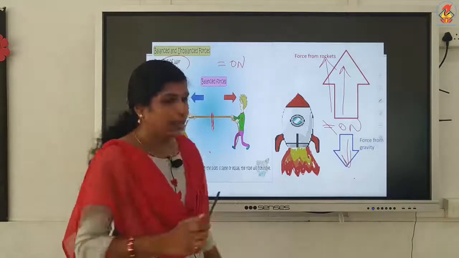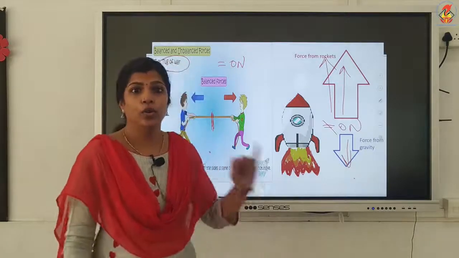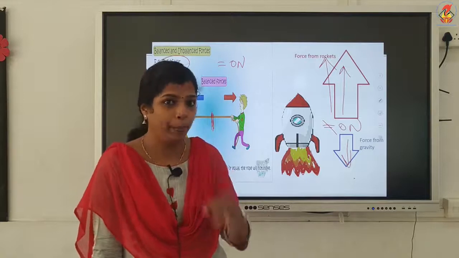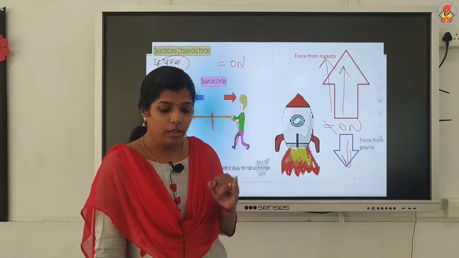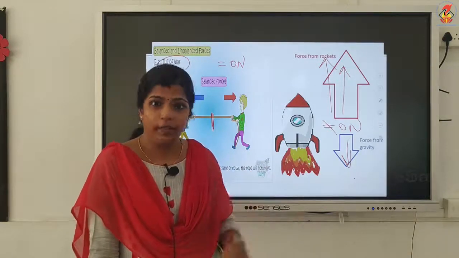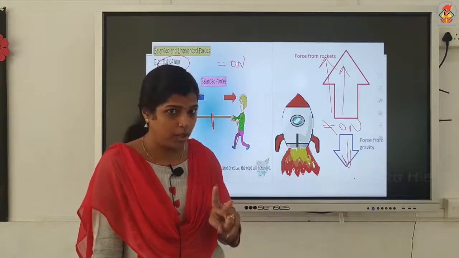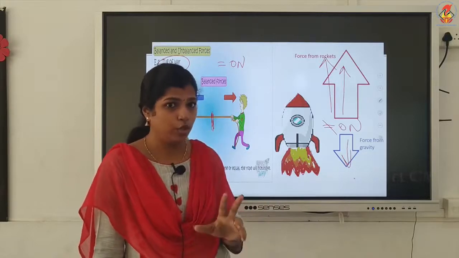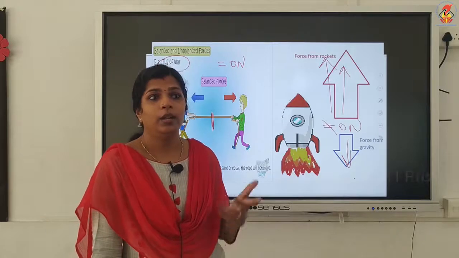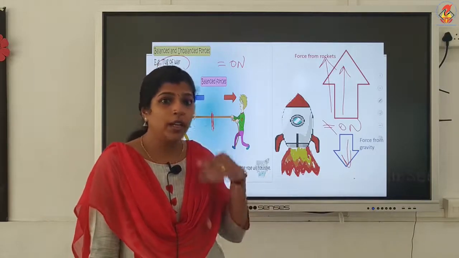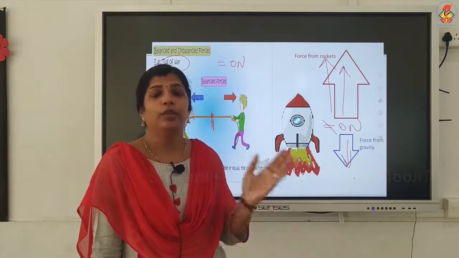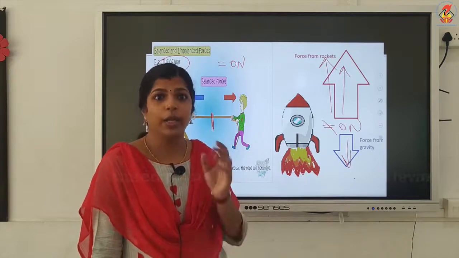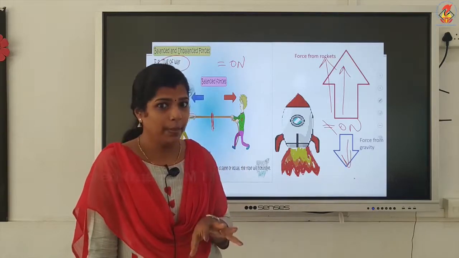So, I think it's clear to you. Force is a push or pull. Force is due to the interaction between two objects, means minimum two objects should be there. If two forces are acting in the same direction, we will calculate the net force by taking the sum.